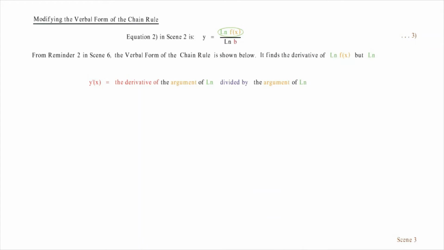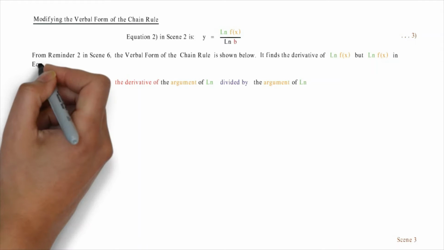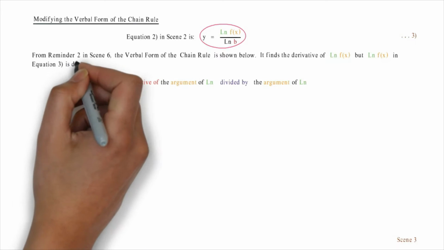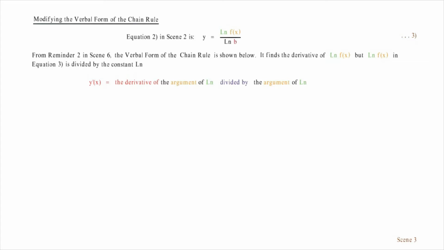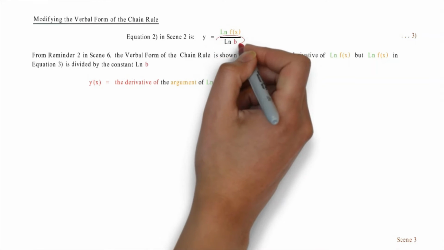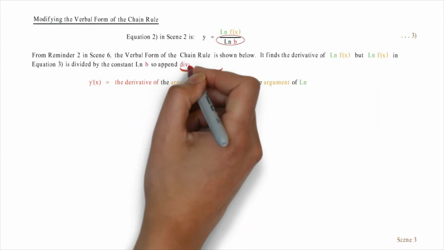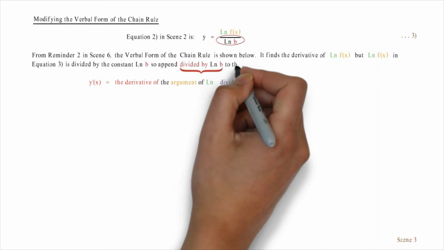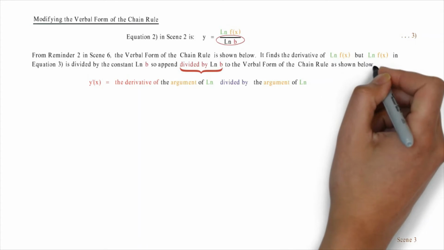But ln of f of x in equation 3 is divided by the constant ln of b. So append divided by ln of b to the verbal form of the chain rule as shown below.